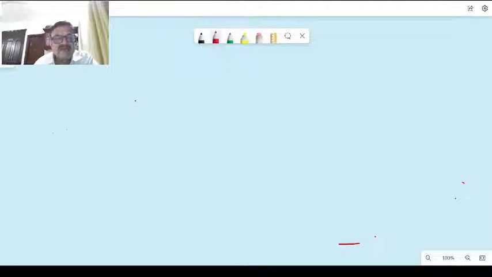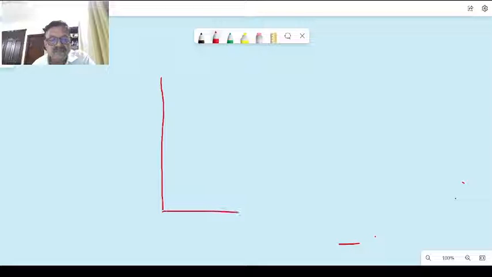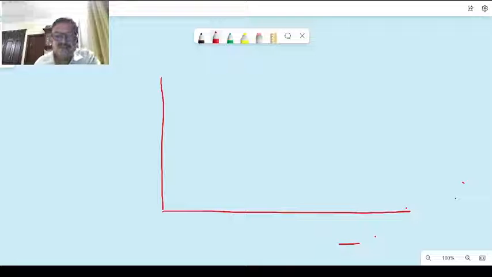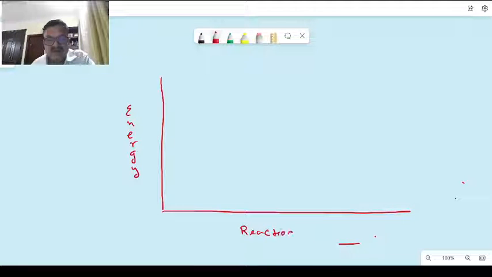So let us see, this coordinate we will draw. Okay, so here this is our energy coordinate, and this will be the reaction coordinate or reaction pathway, whatever you want to call it.